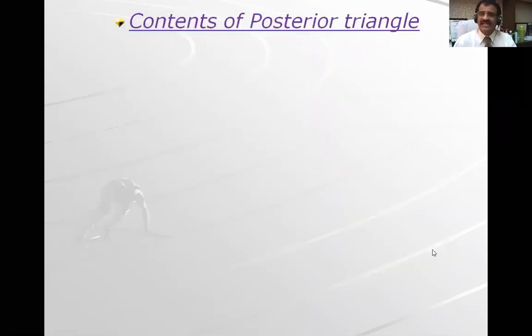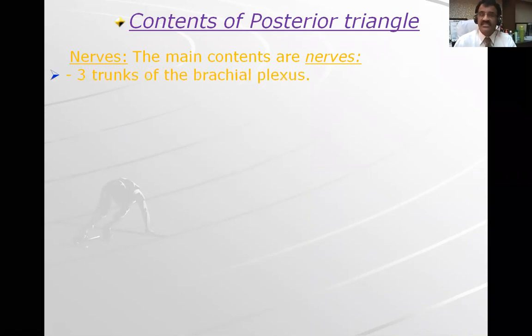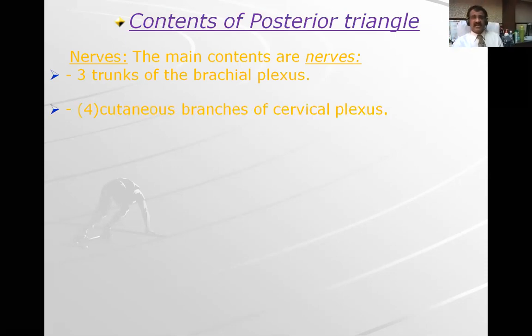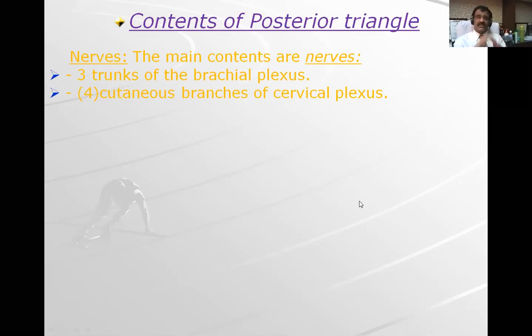Now, what are the contents of the posterior triangle of the neck? Let us see about nerves. The main contents of the posterior triangle as far as nerves are concerned: we see three trunks of the brachial plexus, upper trunk, middle trunk, and lower trunk. So I'm talking about the trunks of the brachial plexus, and four cutaneous branches of the cervical plexus.